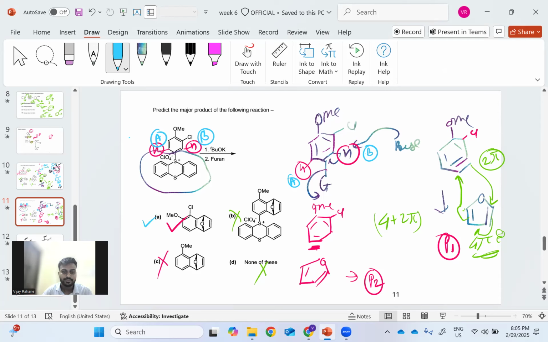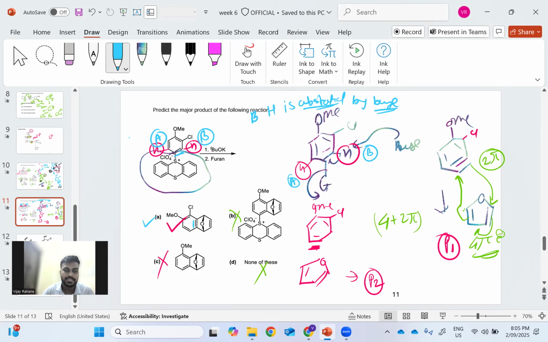Basically, to form this product there needs to be a triple bond, right? So the triple bond should be adjacent to the chloro. So obviously to make this product, you need to abstract this B hydrogen. So the B hydrogen is abstracted by the base.